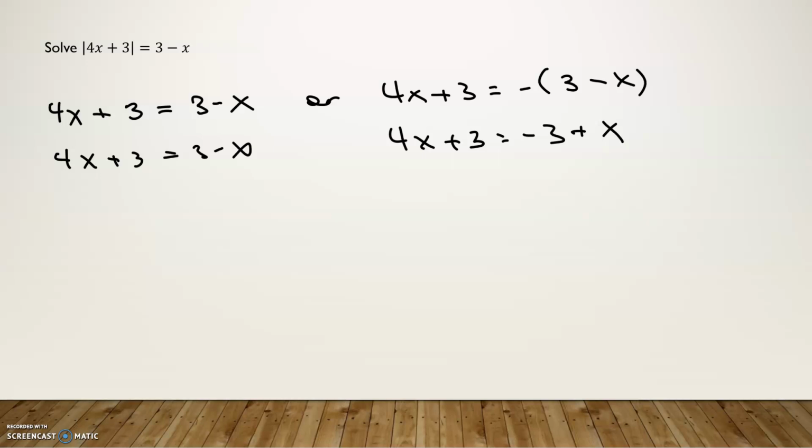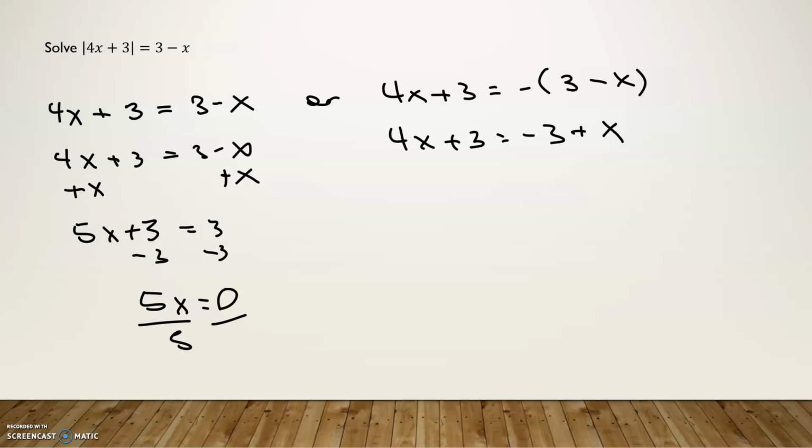Now we'll just solve each one of them. So I'm going to add x to both sides over here. So I'll get 5x plus 3 equals 3. Subtract 3 from both sides. So 5x equals 0. Divide both sides by 5, so x equals 0.